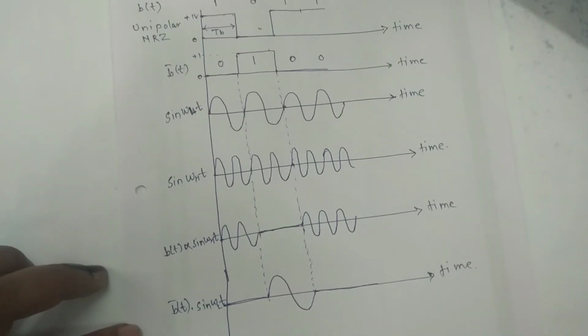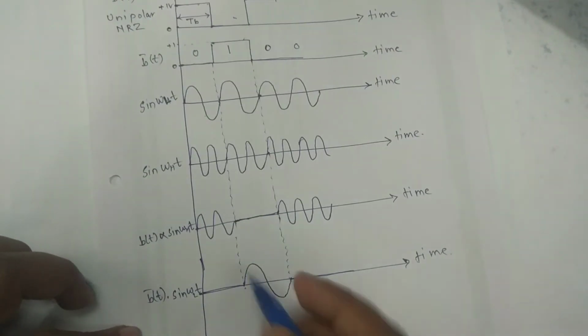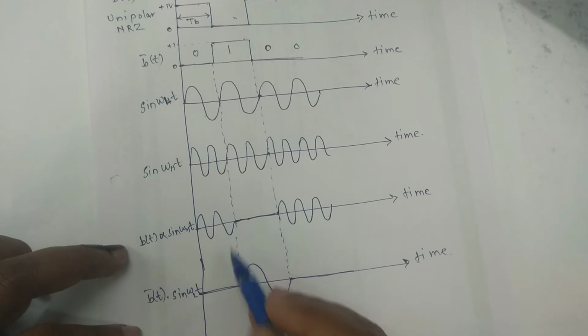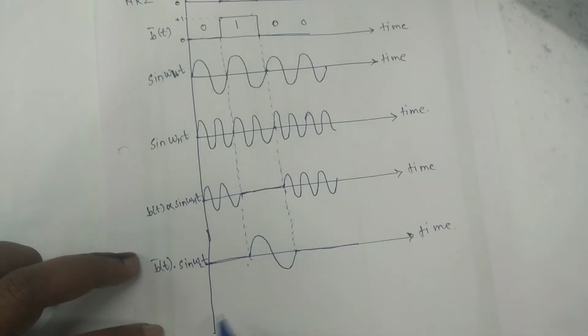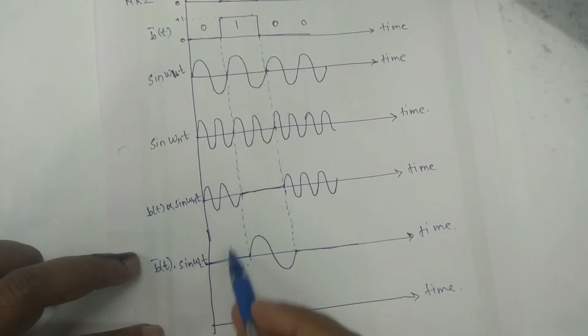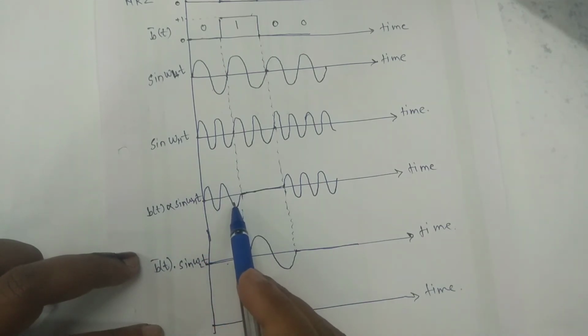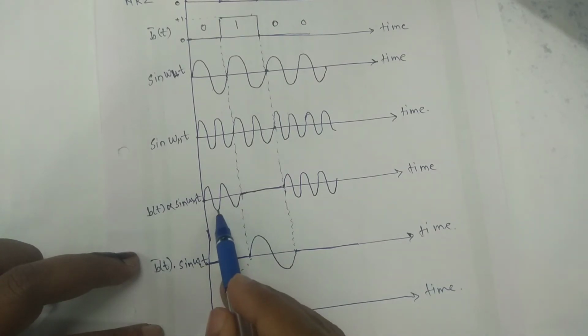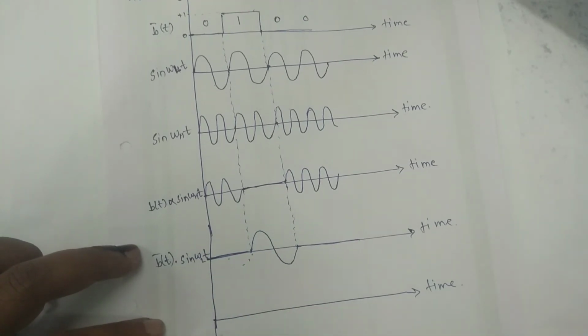Now we are going to add these two signals. If we add these two signals, here the signal is present, so this signal plus 0, the output will be this signal.